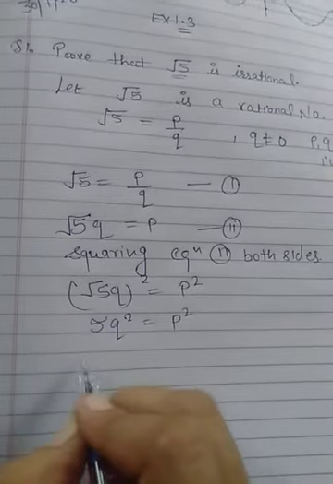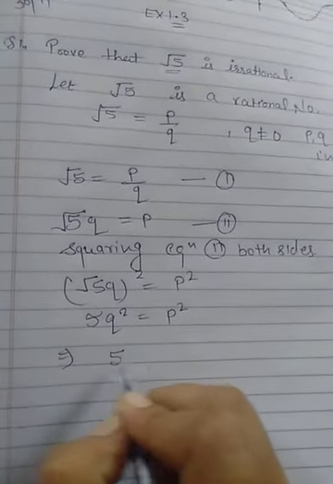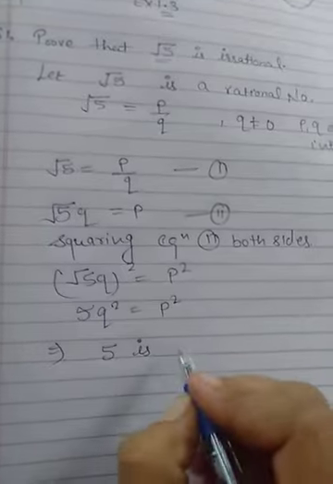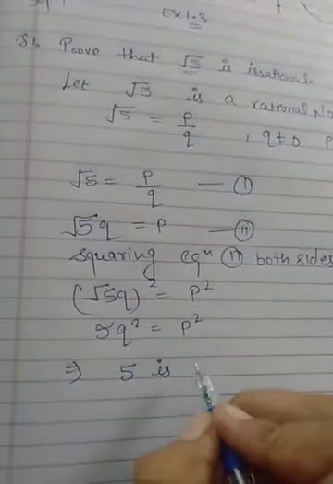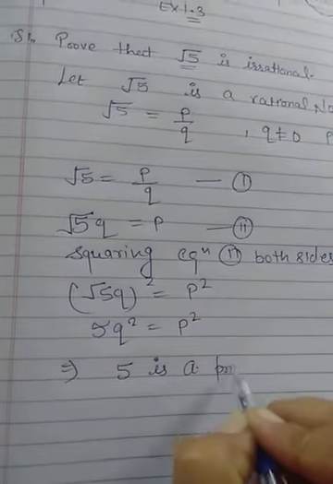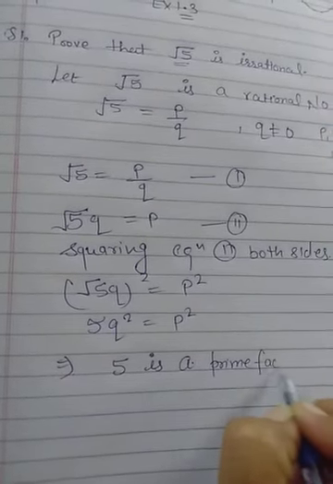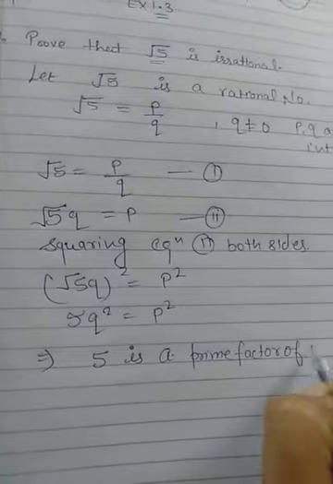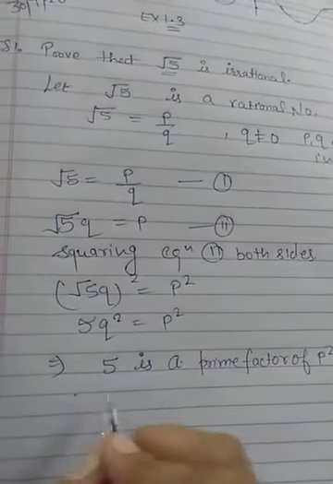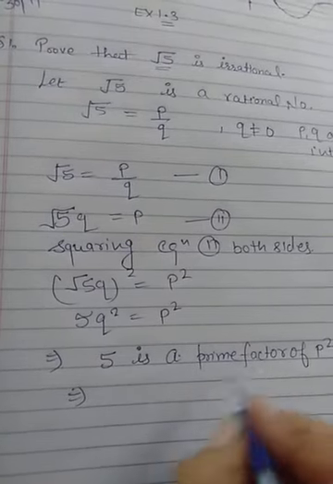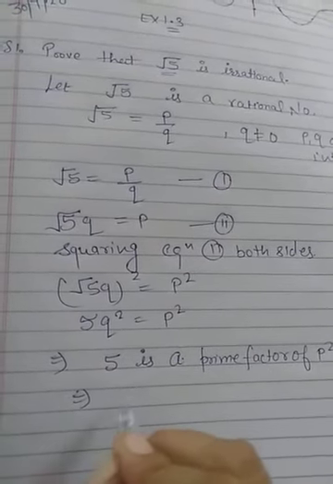This implies that 5 is a prime factor of p square, and if 5 is a factor of p square, then this implies that p square is divisible by 5.